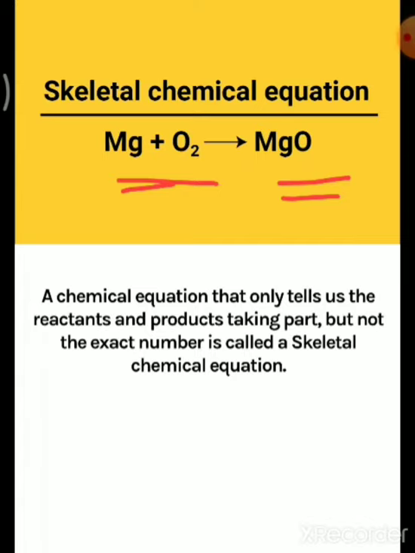It does not tell about the exact number on the reactant side and product side. That's why it is called a skeletal chemical equation. In the skeletal chemical equation, there will be only reactants, products and one arrow mark, that is gives rise to. Okay.